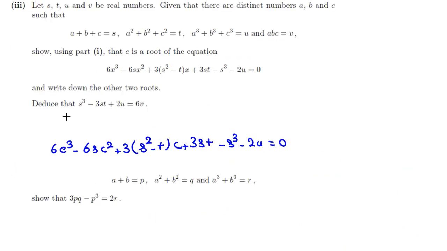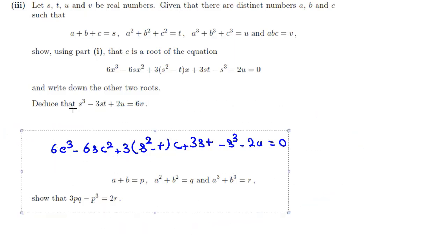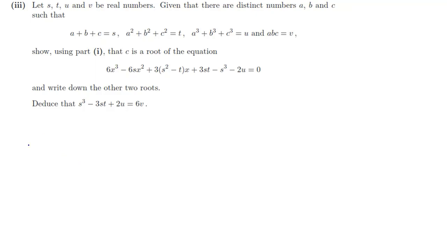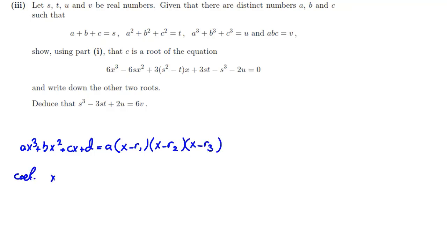Here, let me tell you how I want to prove. I will prove it without part 1, with Vieta's formula for degree 3. If we have ax cubed plus bx squared plus cx plus d, and the roots are r1, r2, r3, we can write it as a(x minus r1)(x minus r2)(x minus r3). If we consider the coefficients of x cubed on both sides, it is a. For the coefficient of x squared, on the left side it is b, on the right side it is a times negative r1 minus r2 minus r3.